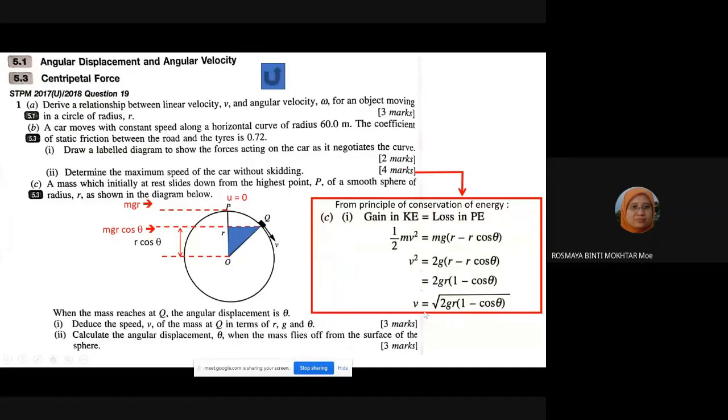So this is the velocity in terms of, as the question asks, R, G and theta. All is in R, G and theta already. Even though G is not mentioned, you can still write G because G is the general symbol for acceleration due to gravity. So C1 is done. Any question on C1?